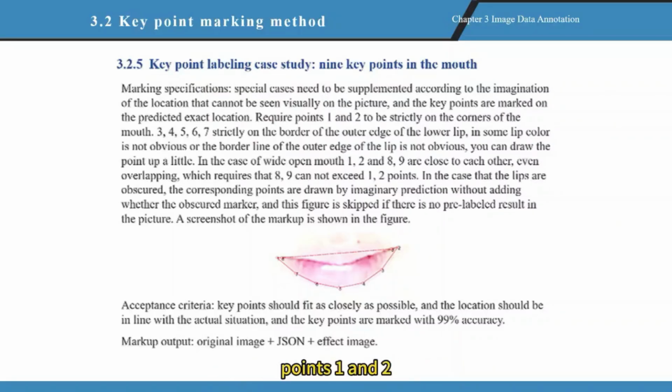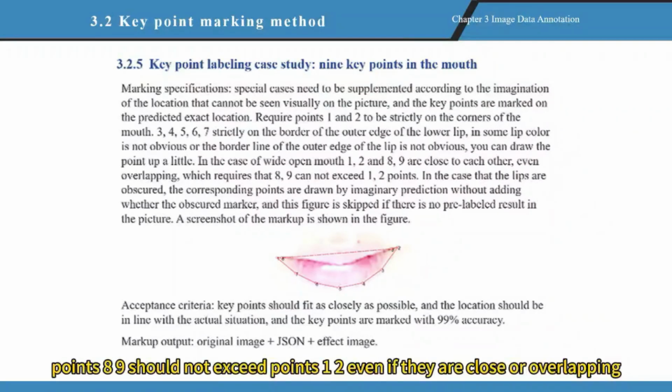Points 1 and 2 should be strictly at the corners of the mouth. Points 3, 4, 5, 6, 7 should be strictly on the border of the outer edge of the lower lip. If the lip color or the outer edge border line is not obvious, the point can be drawn a bit higher. When the mouth is wide open, points 8, 9 should not exceed points 1, 2, even if they are close or overlapping.